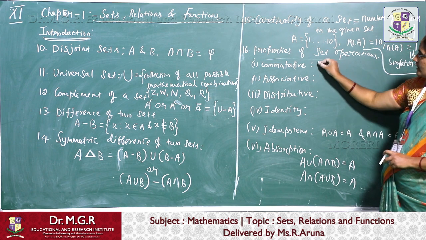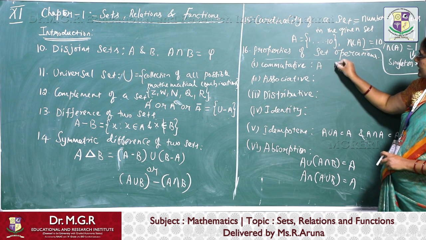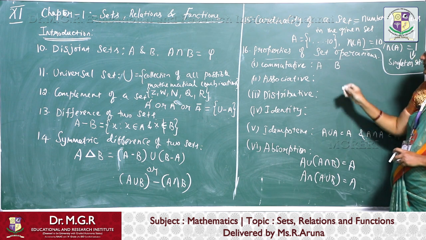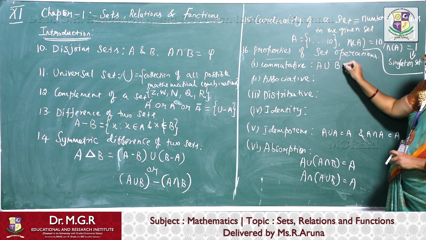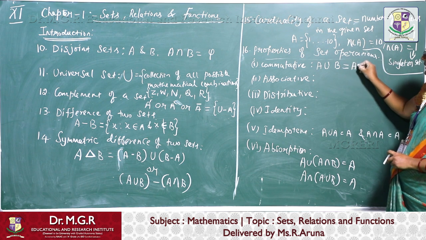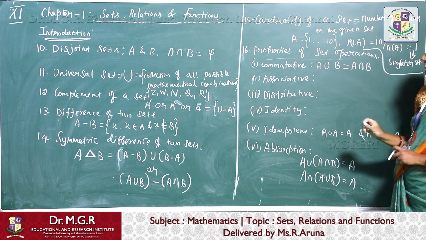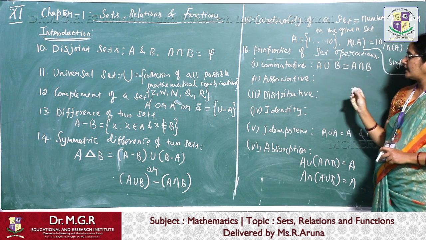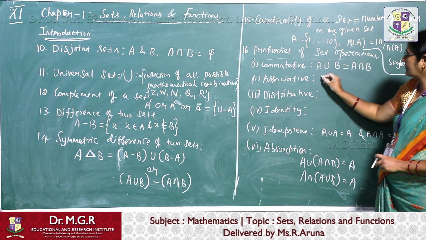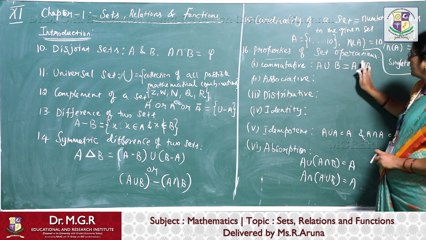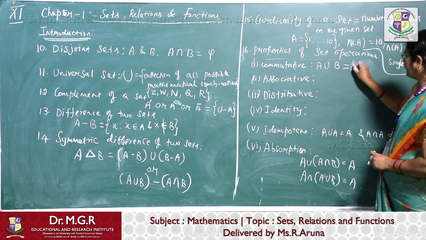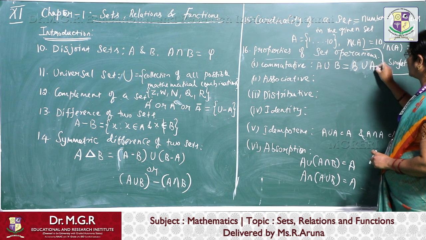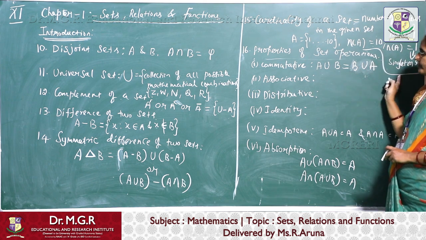Commutative means here also we need two sets, A and B. So commutative means A union B should be equal to B union A. If both are equal, we call this commutative.